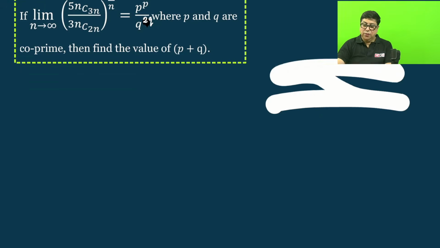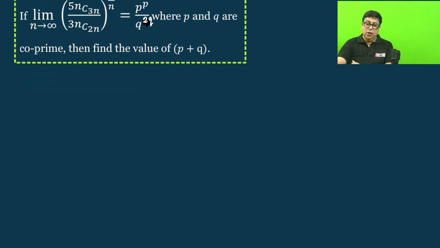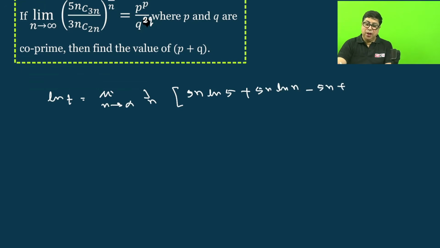What are we getting? ln t equals limit n tends to infinity 1 by n, that is 5n ln 5 plus 5n ln n minus 5n plus n ln n minus n minus 6n ln 3 minus 6n ln n plus 6n.